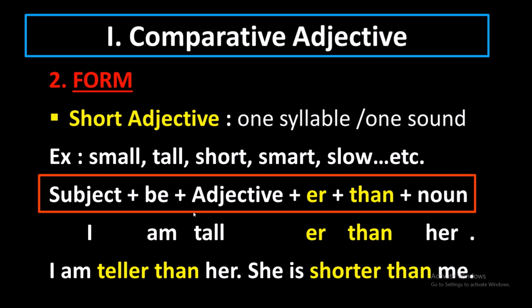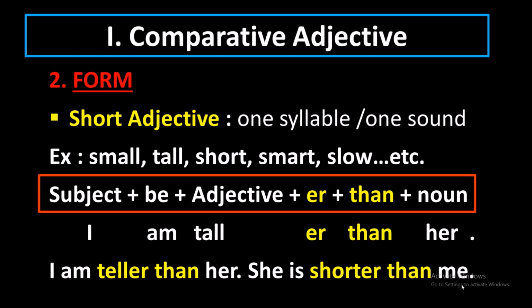You have to remember that we use the comparative adjective with er plus than, highlighted in yellow here. They are very important to compare things or people. So don't forget to use er and than. I am taller than her. She is shorter than me.